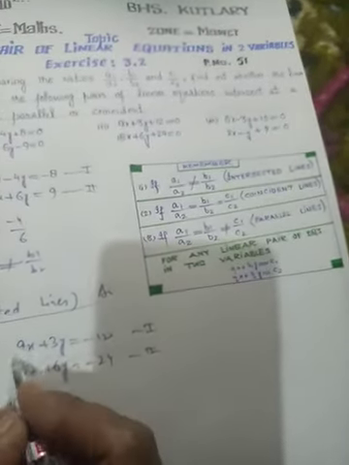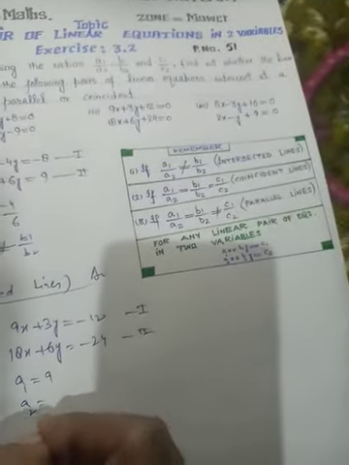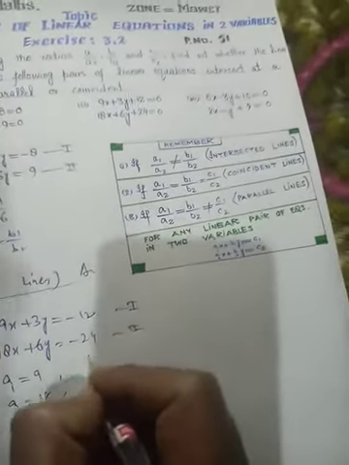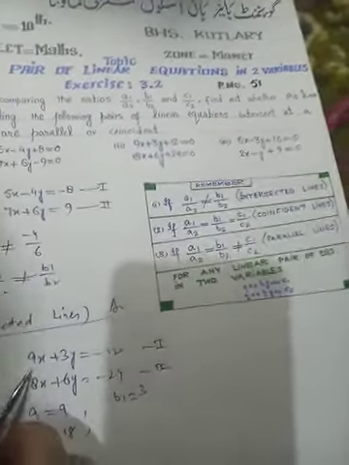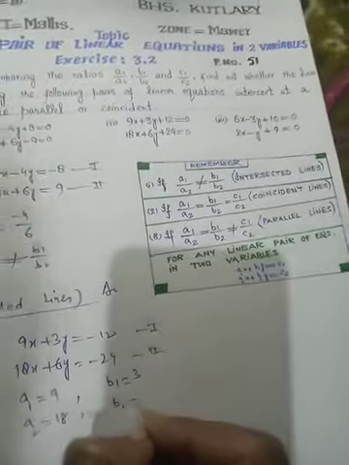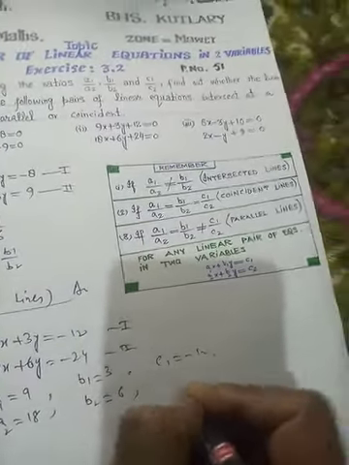This is the first equation and this is the second equation. Now we see that a1 is 9 and a2 is 18, b1 is 3. Actually b1 is the coefficient of y and a1 is the coefficient of x, and b2 is 6, and c1 is minus 12 and c2 is minus 24.